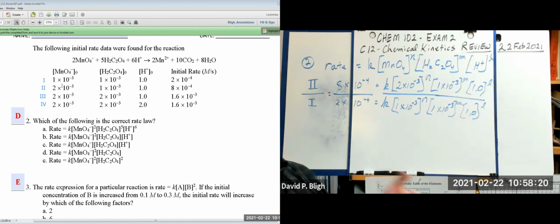Now what we need to do is hold manganate and protons constant and let the oxalic acid vary. So which ones would that be? Protons are constant between these two, manganate's constant here, and oxalic varies. So 3 divided by 2, because if you do it that way, then you get whole number values. So the oxalic would be 2 times 10 to the minus 3 here.